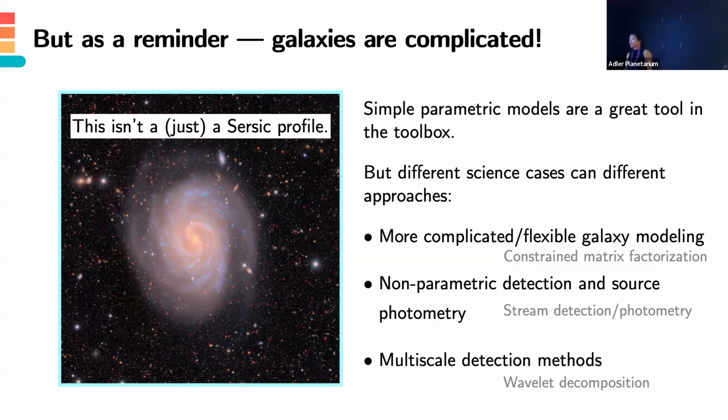That's where multi-scale detection methods come in, like wavelet decomposition. But these are all tools that you can add to your toolbox, hopefully on top of this framework of our understanding of parametric and non-parametric ways that we can do extended source photometry.